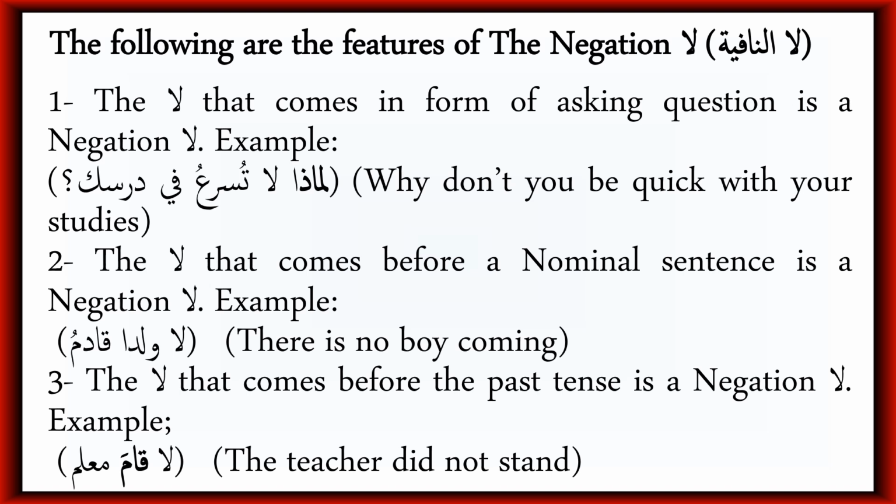That means that this la here is a negation la. 3. The la that comes before the past tense is a negation la. Example: La qama muallimu. The teacher did not stand. The la here is used before the past tense qama. So that means that this la here is a negation la.